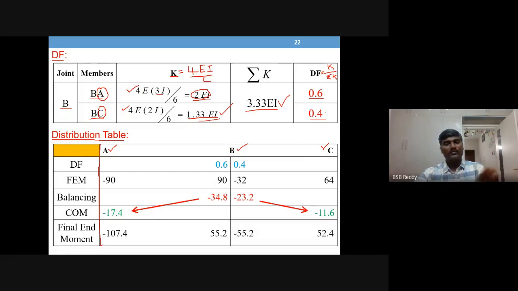To the left of that line it is BA, to the right of that line it is BC. B is a joint, that's why you have to draw the line exactly under B. Then draw a line before A and after C. That completes the first row.